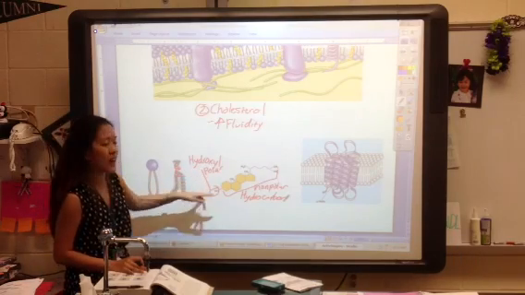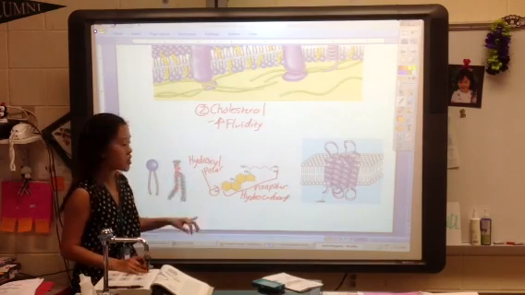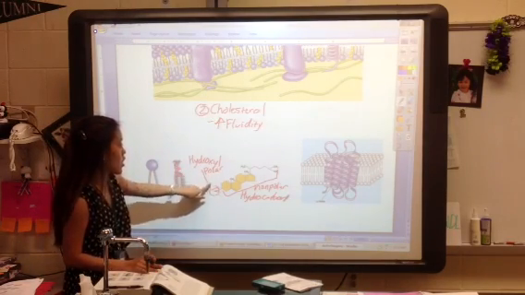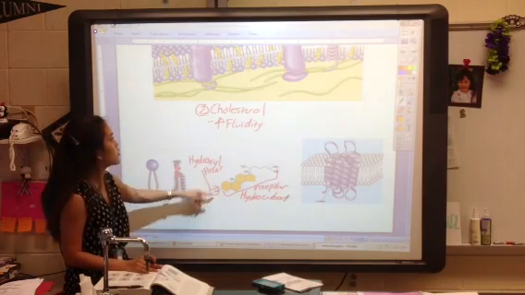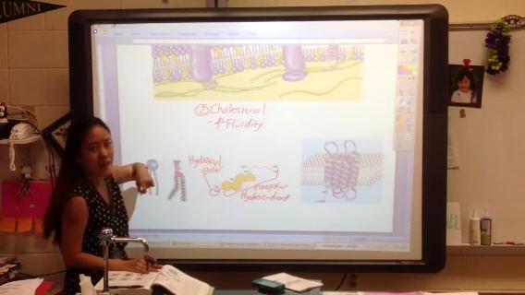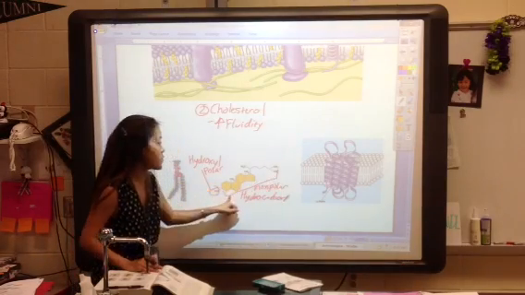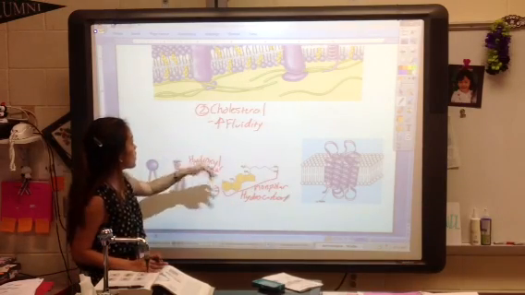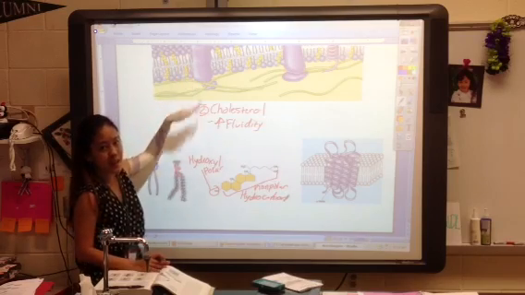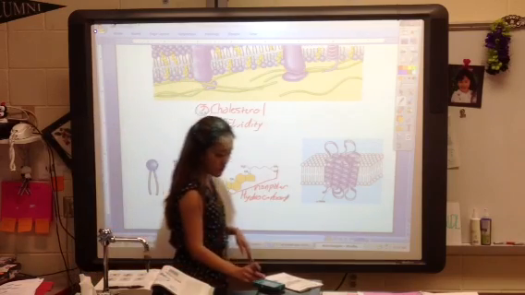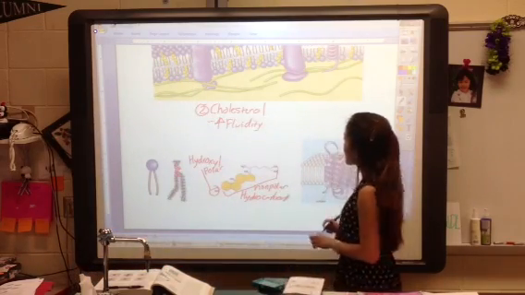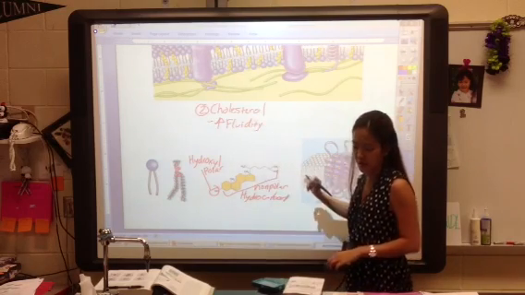And so it's actually going to have the same type of behavior. The hydroxyl OH group is going to be sticking out on the outside by the phosphate heads. Whereas your hydrocarbon chain is going to be nonpolar, so it's going to want to stay inside the hydrophobic region. And all of this is helping to increase the fluidity.